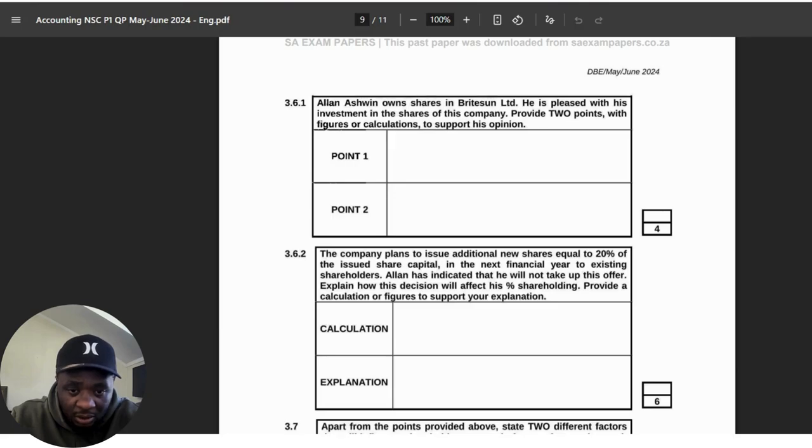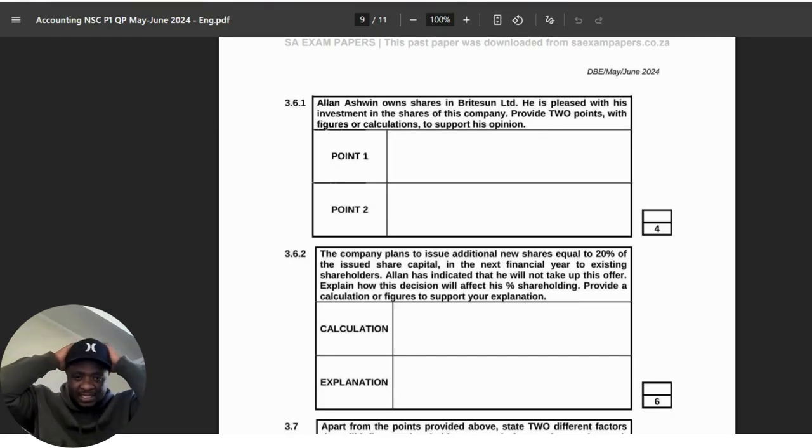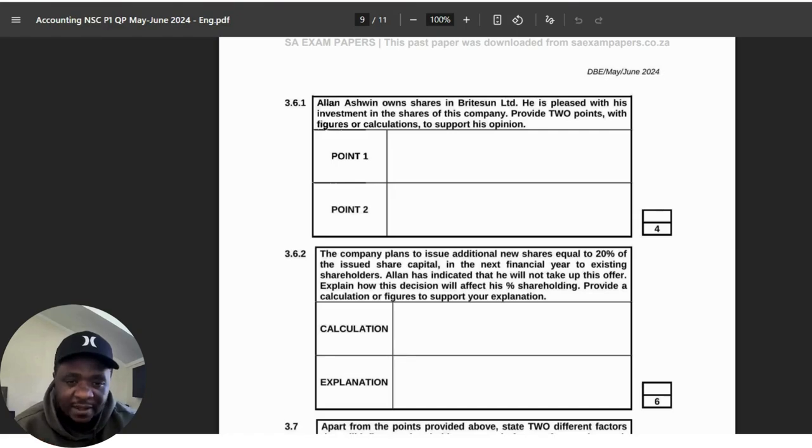Explain how this will affect his shareholding, provide calculations to support your explanation. So we need to firstly figure out currently how much does he own of the company as a percentage, and then after there's been a share issue, how much shareholding will he have, and then we can comment on how it is going to affect him.